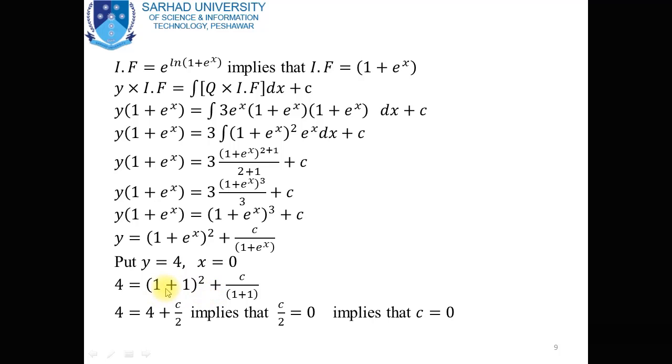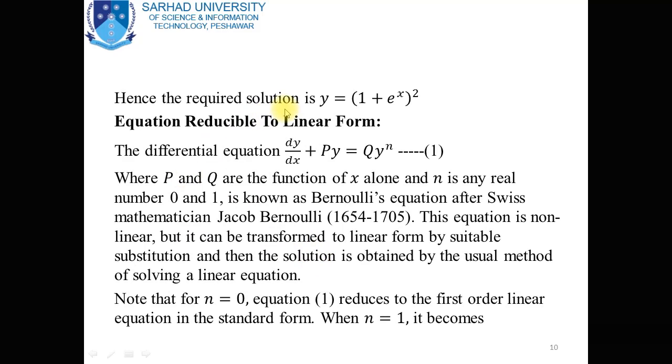And 1 plus 1 whole square is equal to 4. 4 and 4 cancel. So we obtain c by 2 is equal to 0, which implies that c is equal to 0. Now putting this value of c in the general solution, we obtain the solution y is equal to 1 plus e power x whole square.